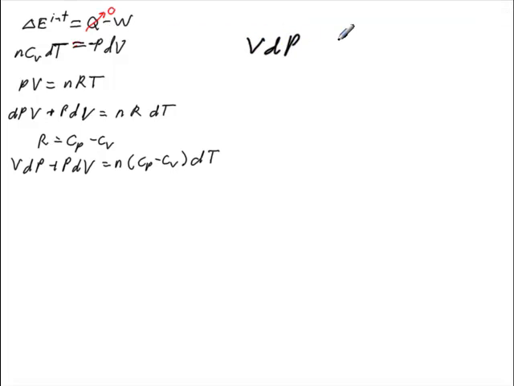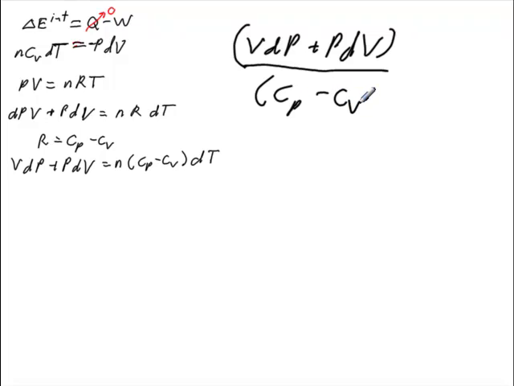V dP plus P dV all over Cp minus Cv, multiplied times Cv, and set equal to negative P dV.